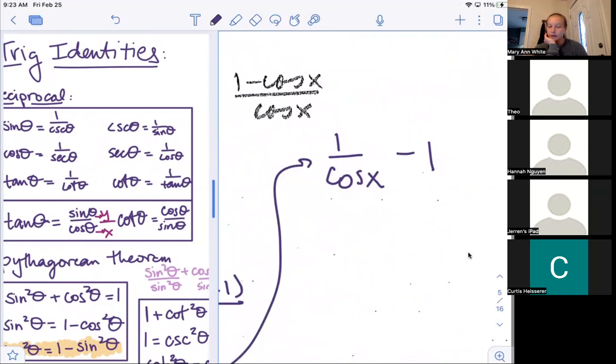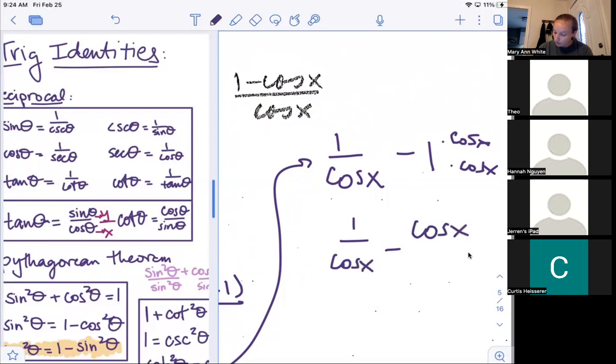Now, what I want to do is multiply by what's in the denominator. On the first fraction, I already have 1 over cosine. For my 1, if I multiply by cosine on top and on bottom, that's going to let me combine those two fractions, and it's going to give me what I want in the denominator. So I've got 1 over cosine x minus cosine over cosine.